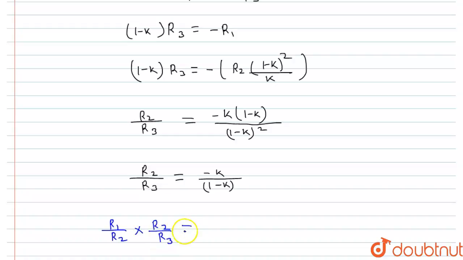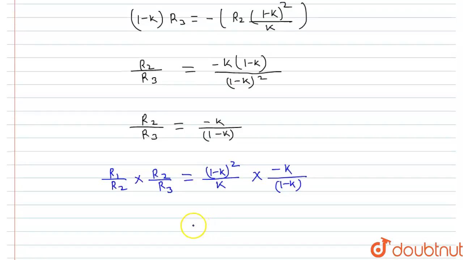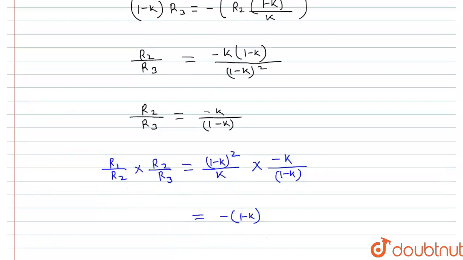So R1 by R2 is equal to 1 minus k whole square divided by k, and R2 by R3 is equal to minus k divided by 1 minus k. So from here we can see that this k and k cancel out to each other. So this is equal to minus 1 minus k. Clear?